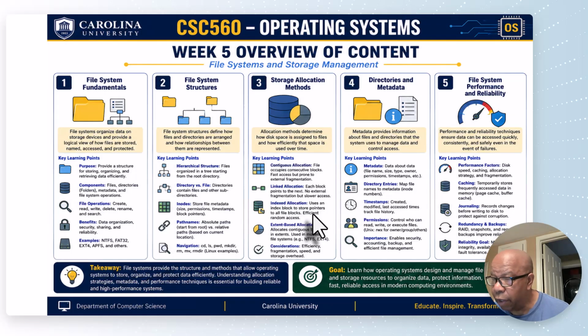Windows uses NTFS. Considerations: efficient fragmentation, speed, and storage. Now you notice it says efficient fragmentation. Fragmentation is going to happen. The only way that fragmentation doesn't happen is when you're the only one storing.